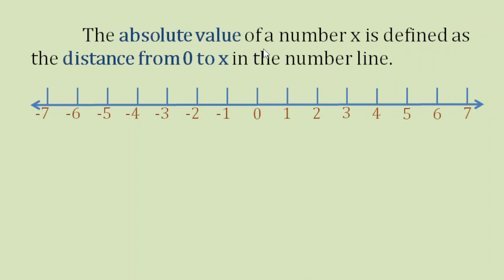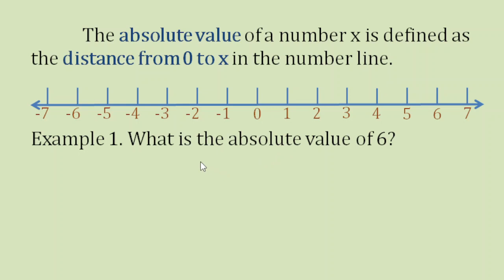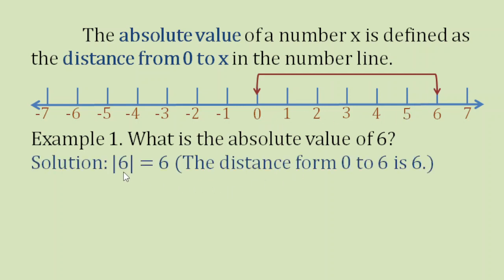Now, the absolute value of a number x is defined as the distance from 0 to x in the number line. So, for example, what is the absolute value of 6? The absolute value of 6 means the distance from 0 to 6. So this means the absolute value of 6 is just 6.